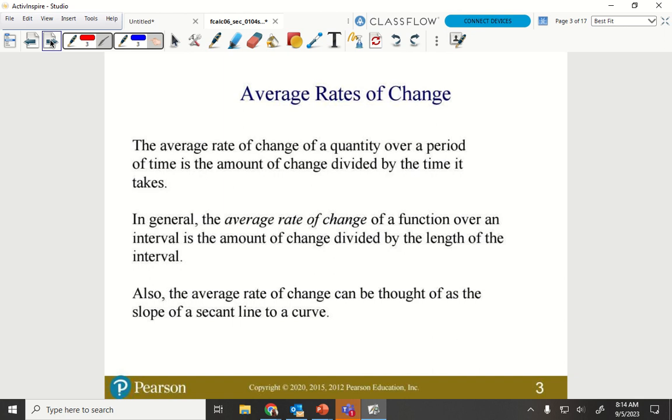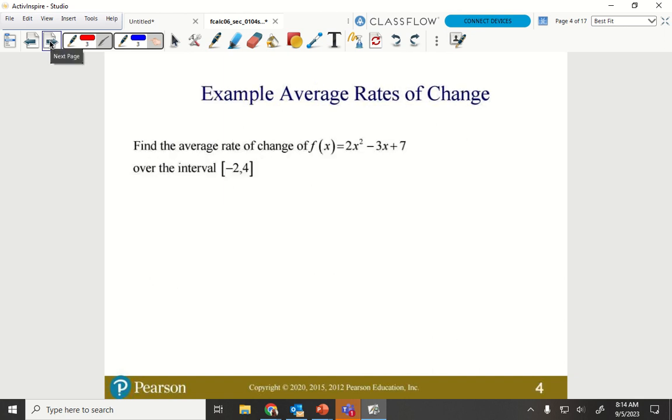Did we just talk about secant? Yes, we did. And secant touches at 2 points, right? Good. So if it touches at 2 points, find the average rate of change from here. Okay, so now, these two right here are my intervals.